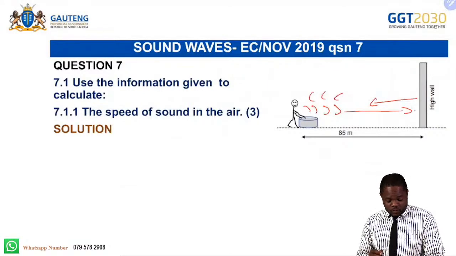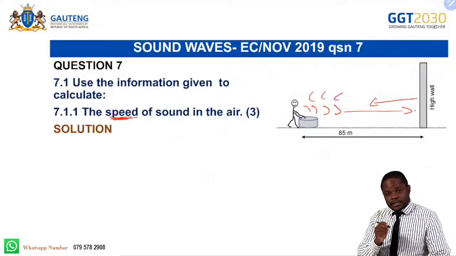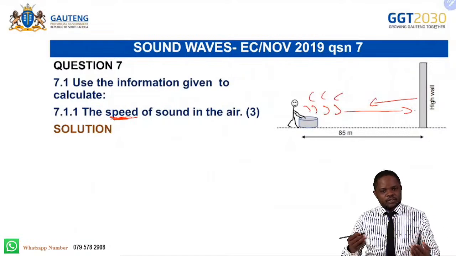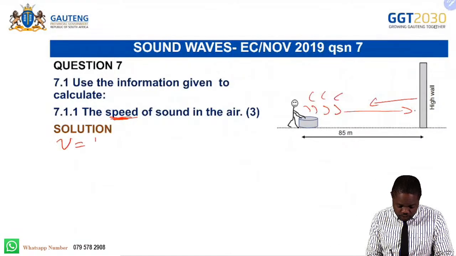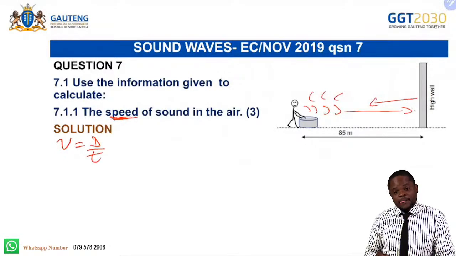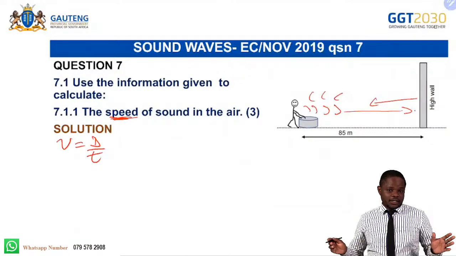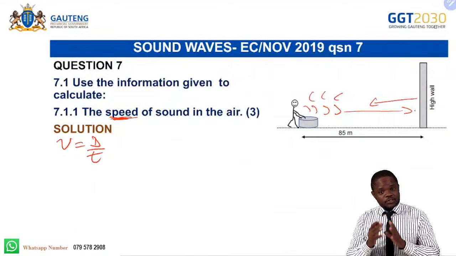Now we are asked, what is the speed of the sound in air? So the first part, we need our formula. What is speed? Remember, who can tell me what is speed? Yes, remember speed is equal to distance over time. Right. Remember we said whenever you've got a formula, it is a free mark. So the moment you've got a formula, know that you have earned yourself a free mark.